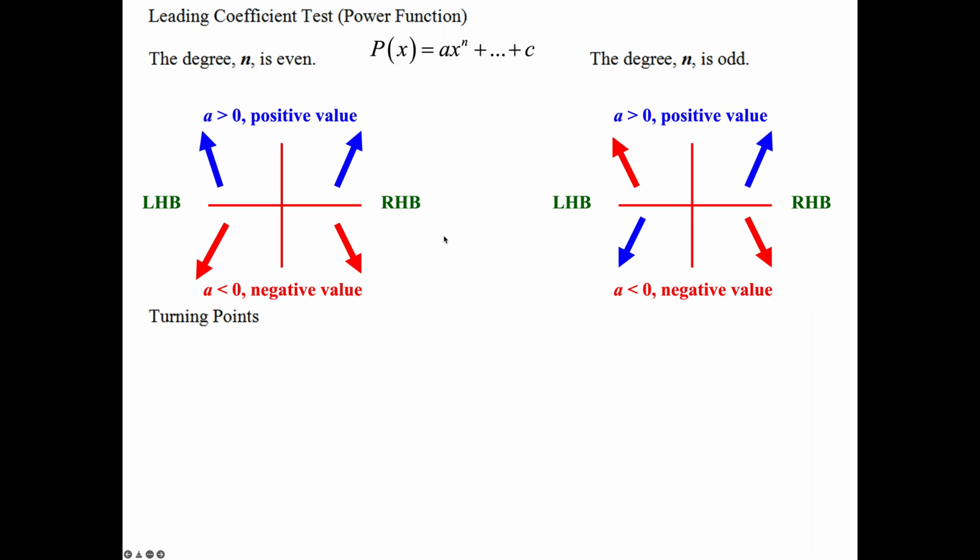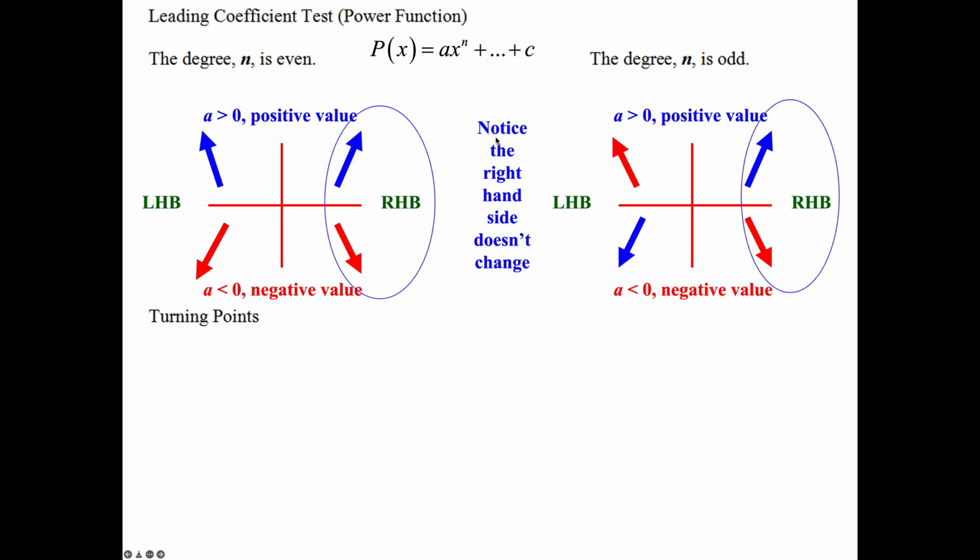What's really important in these two left and right hand behaviors based on even powers and odd powers is notice that the right hand behavior for both of these functions are exactly the same. And we are going to exploit that when we go to graphing polynomial functions.